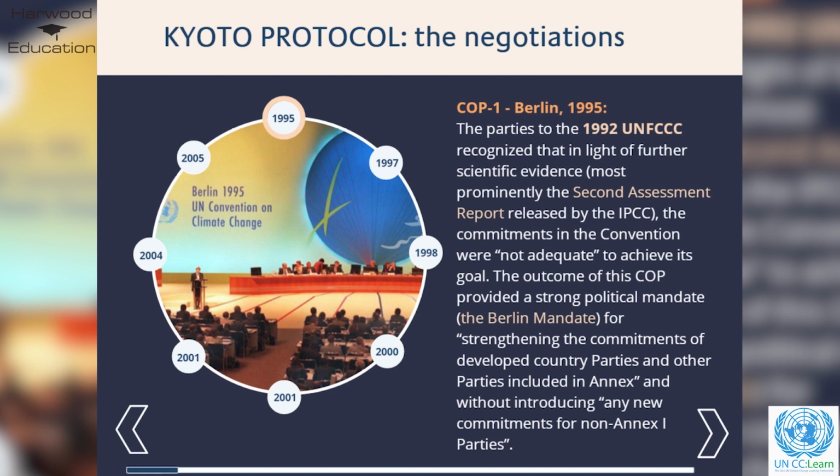The outcome of this COP provided a strong political mandate, the Berlin Mandate, for strengthening the commitments of developed country parties and other parties included in Annex I, and without introducing any new commitments for non-Annex I parties.